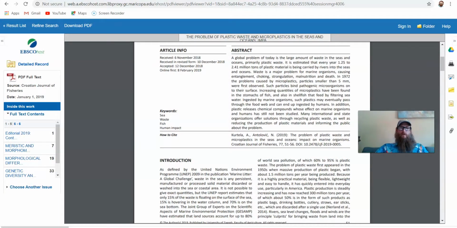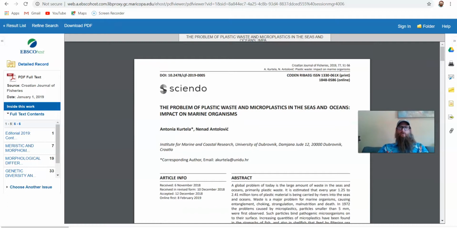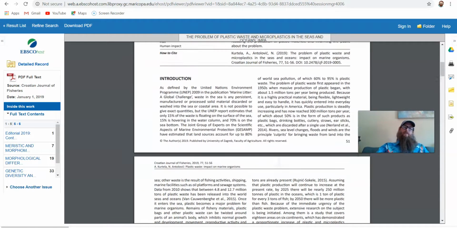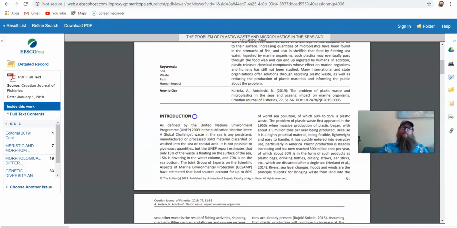Anyhow, here is an academic journal article that I found related to plastic waste. Now, of course, this might not be your topic, but again, the interesting thing about academic journal articles is that there's many similarities that they share, right? Like, for example, they almost always have abstracts. They often title the first section Introduction.